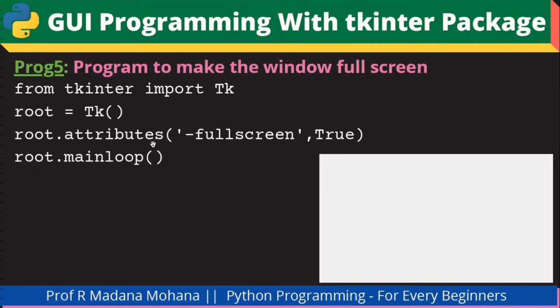So root.attributes, here within quotation, hyphen fullscreen, comma, True. If you make the fullscreen value True, it displays the full screen. Then root.mainloop remains the same. So this is the output. Here you can see this is the full screen.